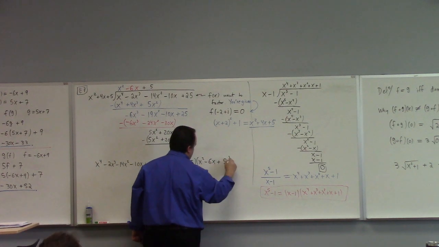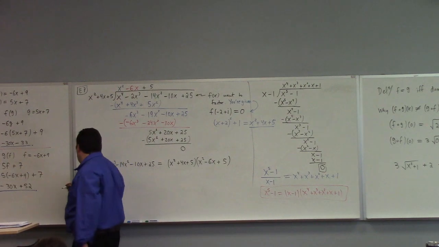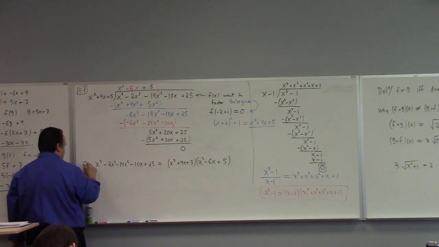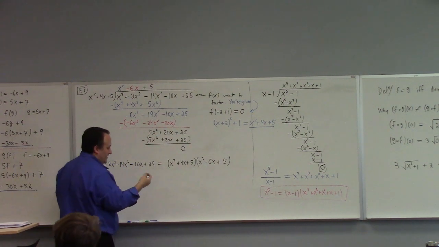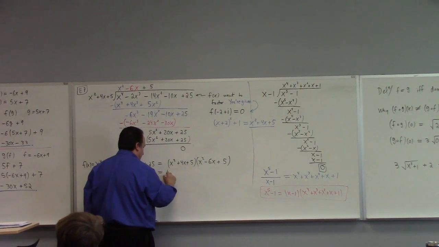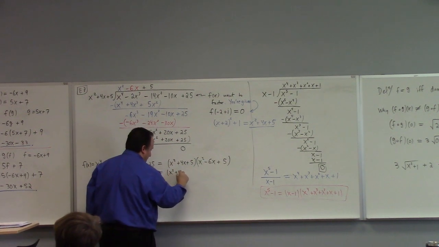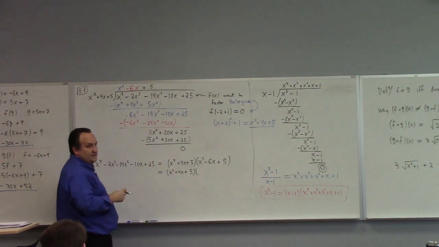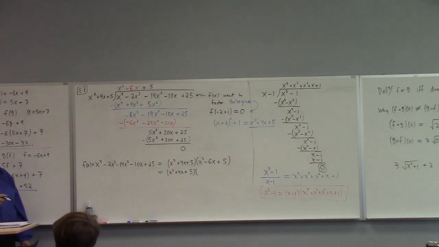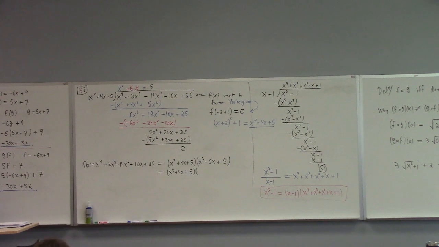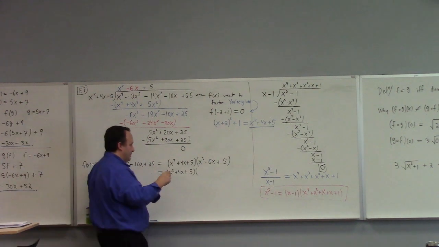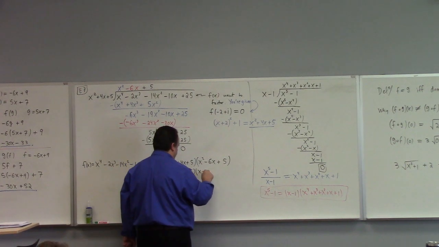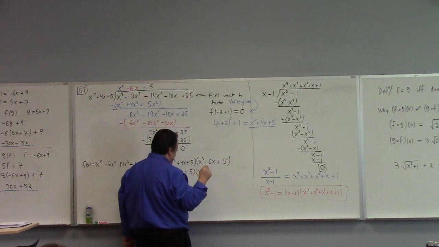Now, if the instructions were to completely factor f of x, we're not done yet, are we? Because if we're completely factoring over the reals, the first piece is done because it's prime. But how about x squared minus 6x plus 5? Can we factor that? Yes. So x minus 5, x minus 1.